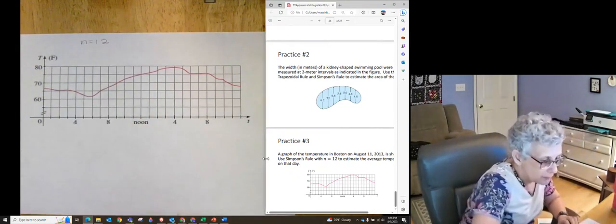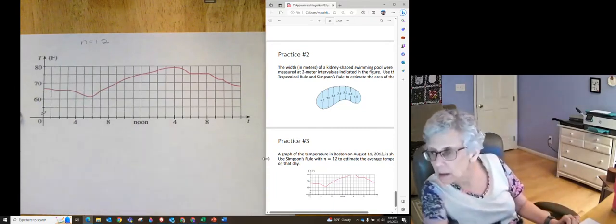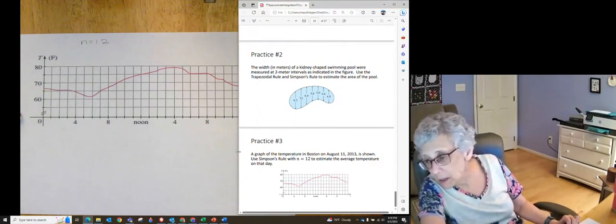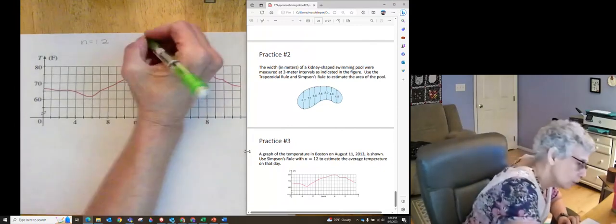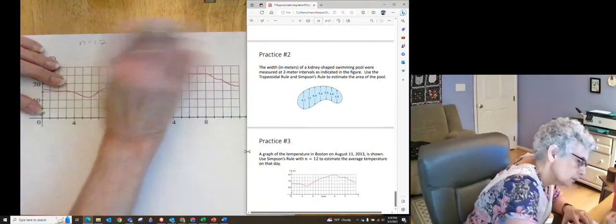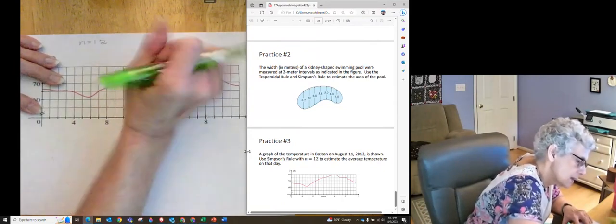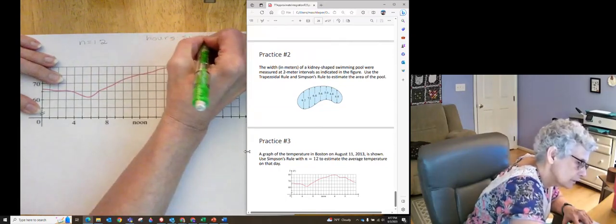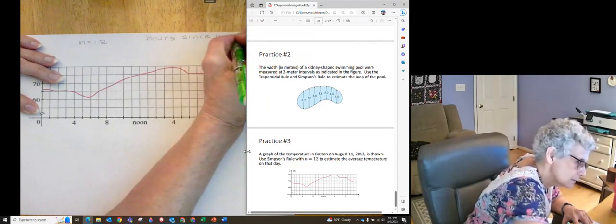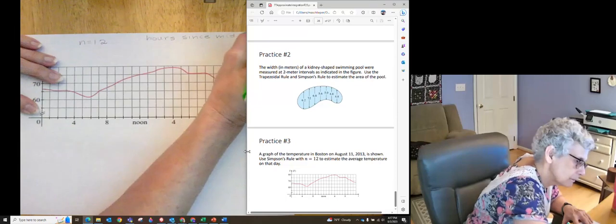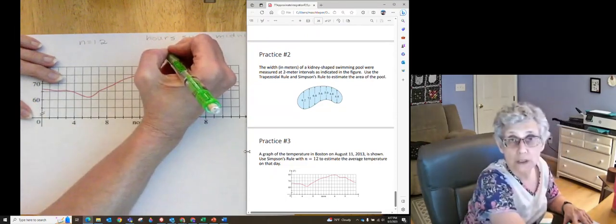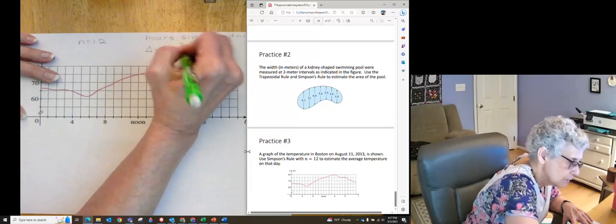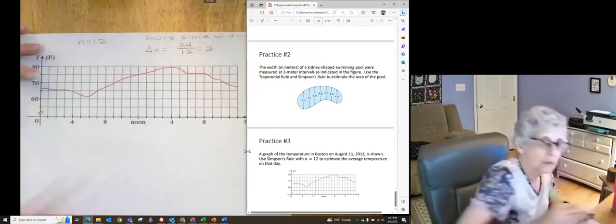Since our input is going to be, let's see, we have the graph and their temperatures from midnight, so it's 24 hours. So we'll say that our input is hours since midnight. That means there are 24 of them in a day, so delta x is equal to 24 hours divided by 12 intervals.